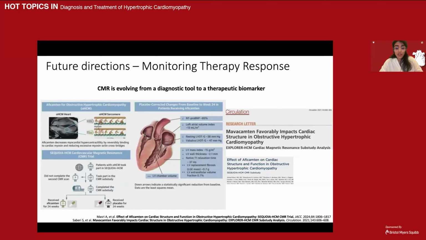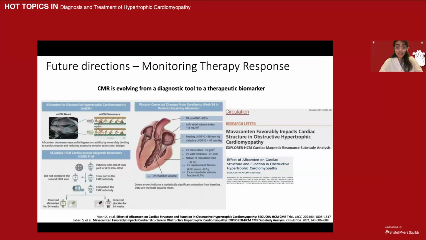So the emergence of cardiac myosin inhibitors, which a lot of the speakers will focus on in the upcoming talks, may change this. The EXPLORER-HCM and SEQUOIA-HCM CMR sub-studies demonstrated evidence of reverse remodeling with mavacamten and aficamten therapy, and patients experienced reductions in LV mass, maximal wall thickness, left atrial size, and markers of adverse remodeling.